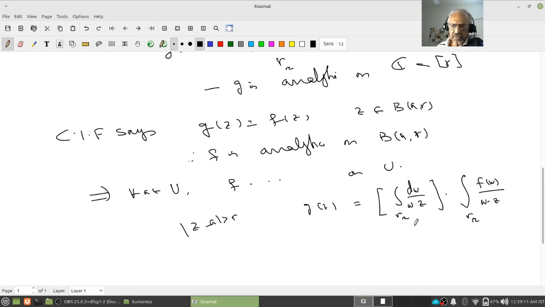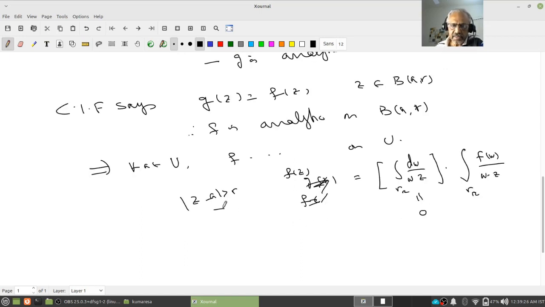This is what our g is. We found f of z equal to this, and if z is outside, then we know this integral is 0.